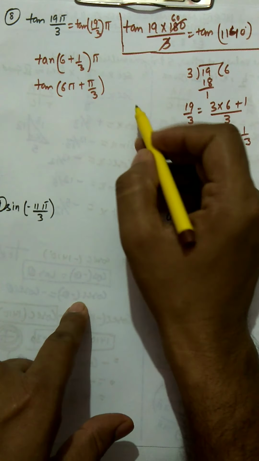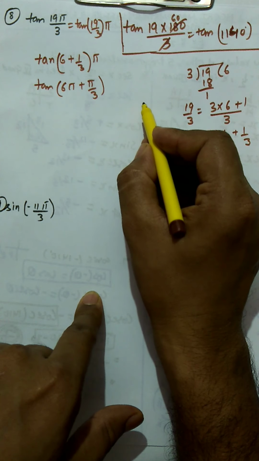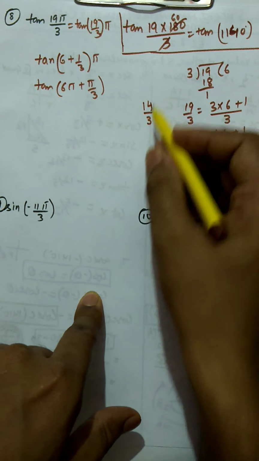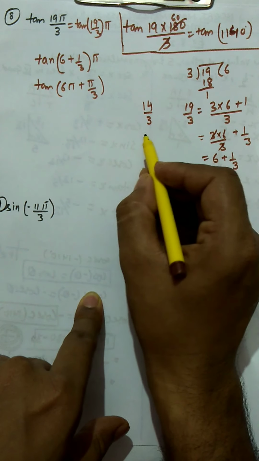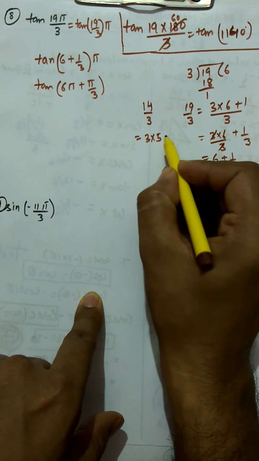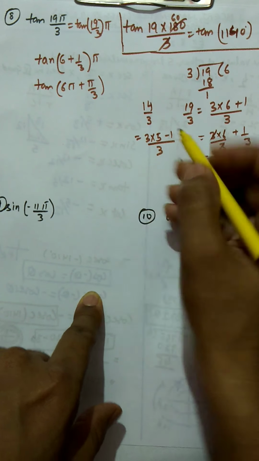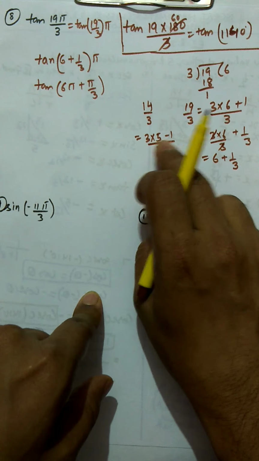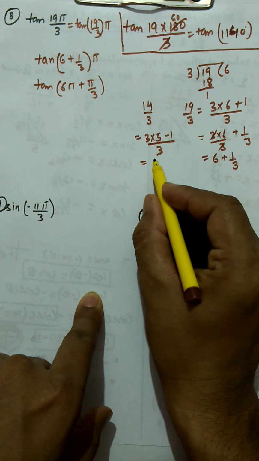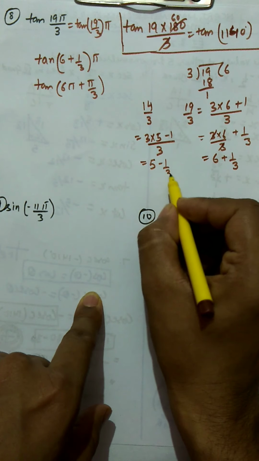For example, I can take one more example. If it is 14 by 3, you can write that as 3 into 5 minus 1 upon 3, because 3 into 5 is 15, and this is minus 1. So if you simplify this further, you can write that as 5 minus 1 by 3.